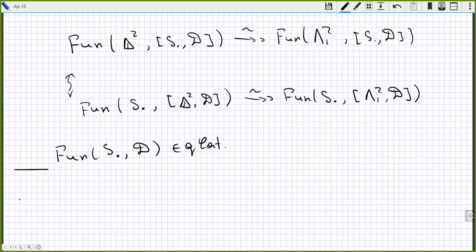And what we are going to do next is to prove the result that the space of maps from a Kan complex to a Kan complex is itself a Kan complex. So Kan complexes are enriched over themselves. That's one direction.